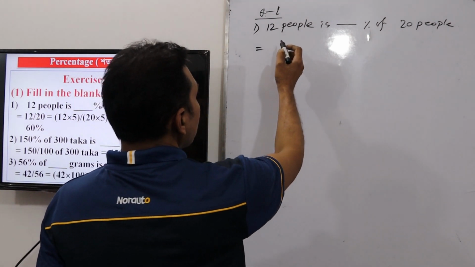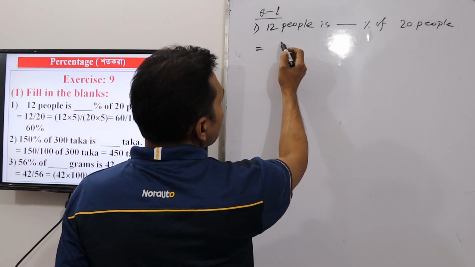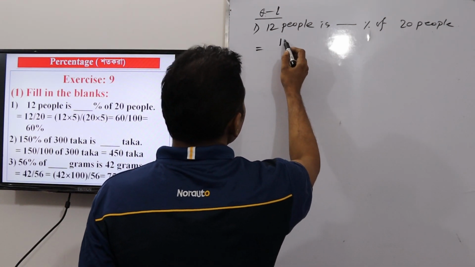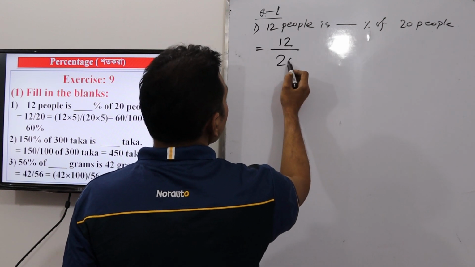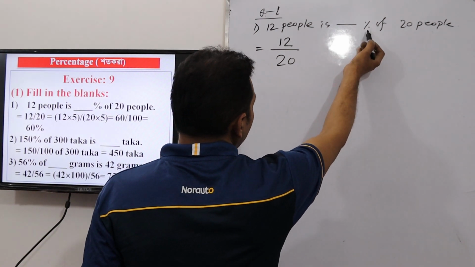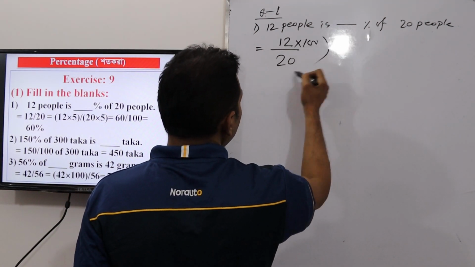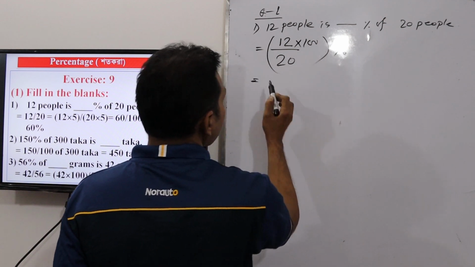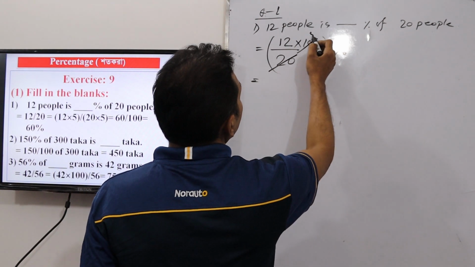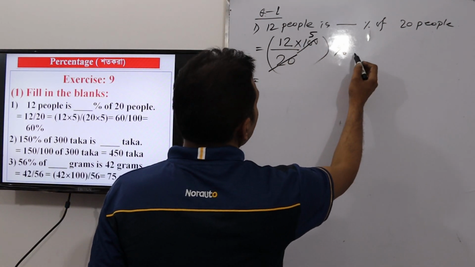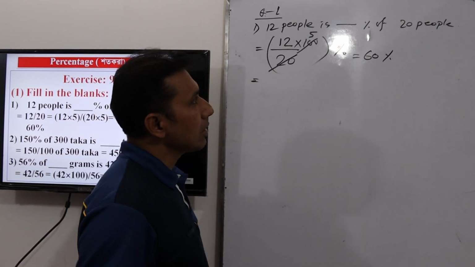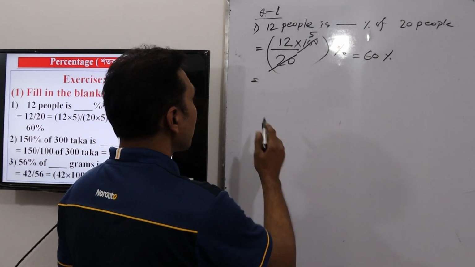You can find it in this process: 12 divided by 20, then convert it to percentage by multiplying by 100. 20 is 100, so 12 is 60%. So 12 people is 60% of 20 people.